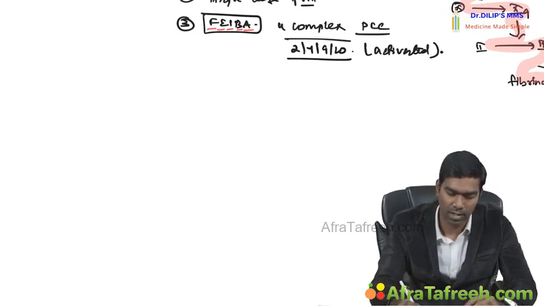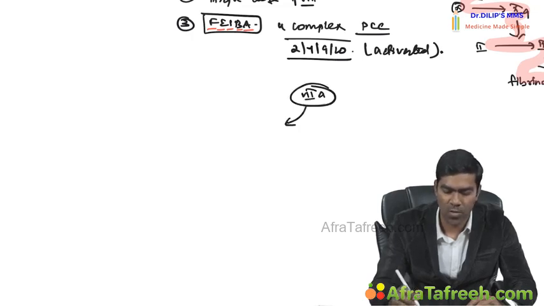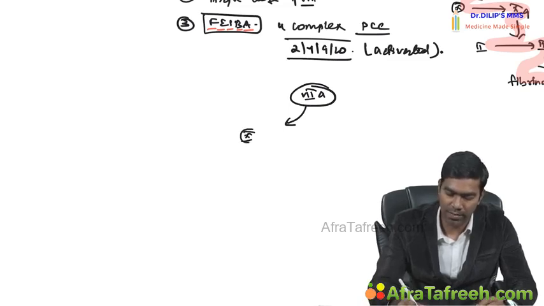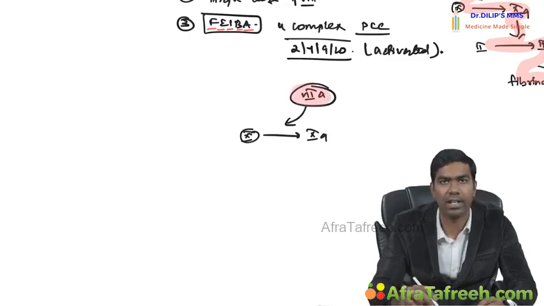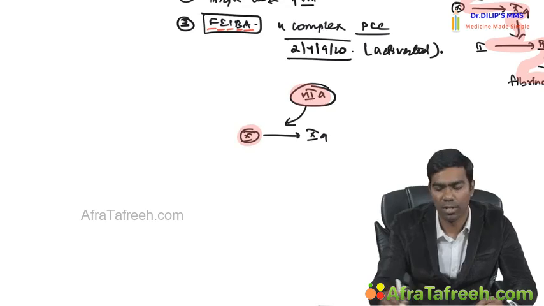You can see here, initially this factor 7 in activated form will be there. It also has factor 10, which will be easily activated by the already present activated 7A, and 10 also is there in this particular complex.